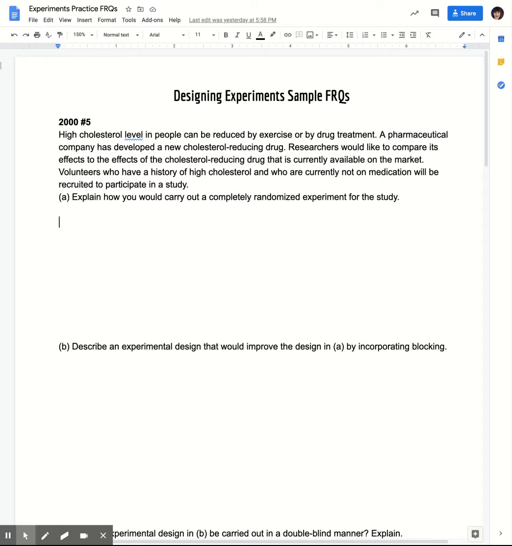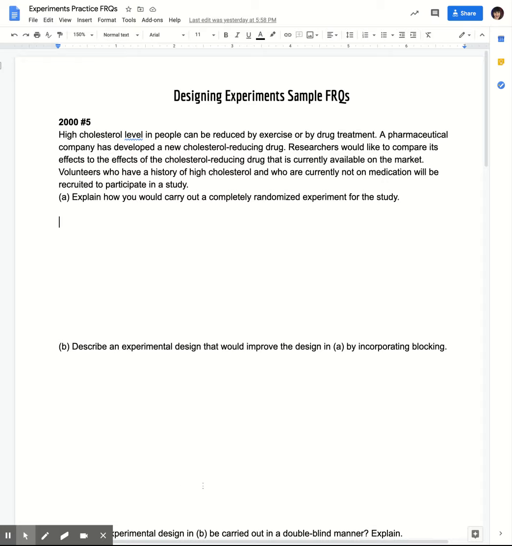And one other thing that I'll note for you here is that they haven't specified how many people, how many subjects there are for this particular experiment. So if they don't tell you, you don't have to include the sample size necessarily, but it's usually a good idea to note that you want a larger sample size if possible.